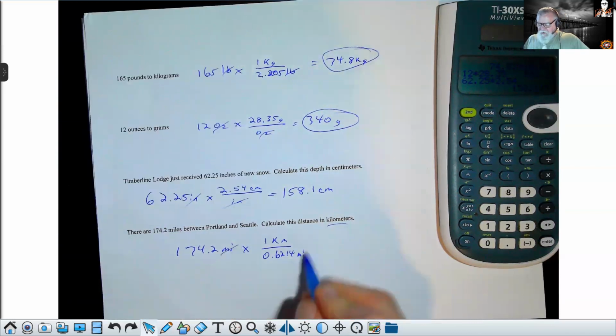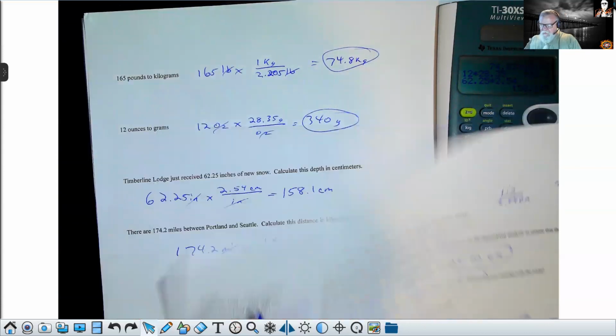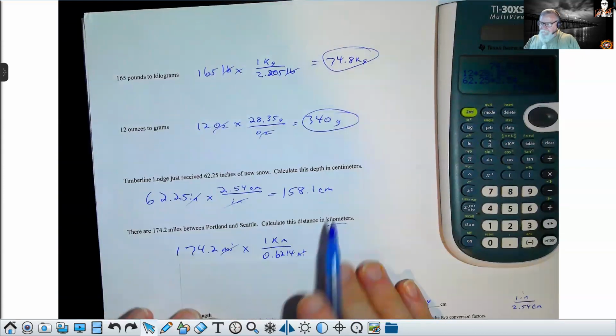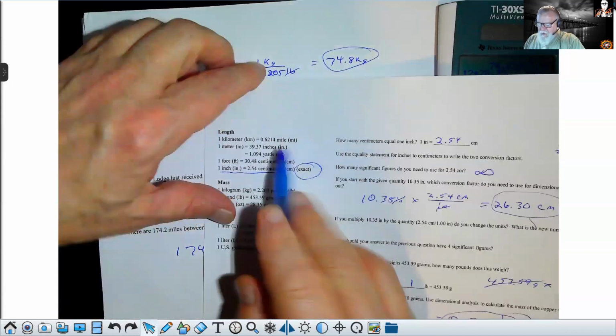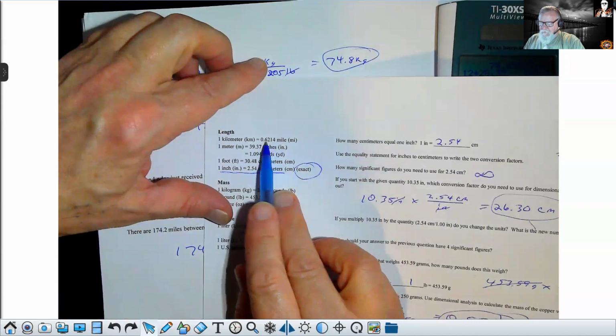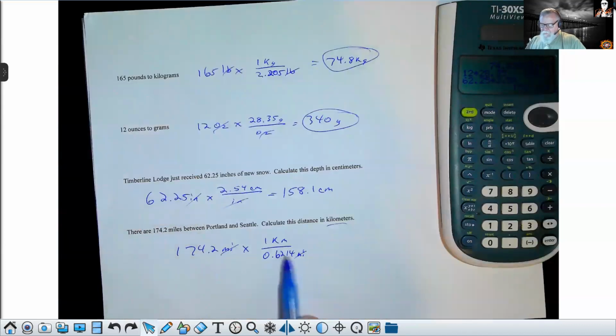Okay. And then our miles cancel out. So just make sure you get this right. Sometimes people will make the mistake and put the 0.6214 on the kilometer side, and that's not right. So it's with the miles.